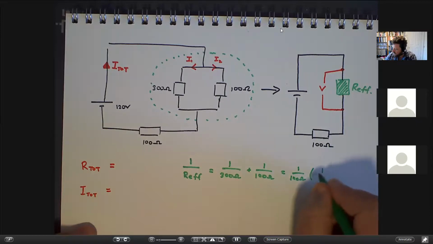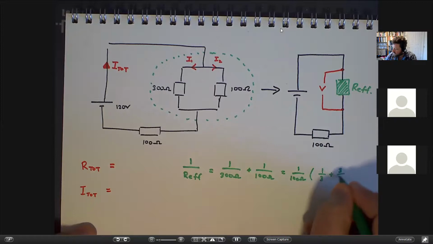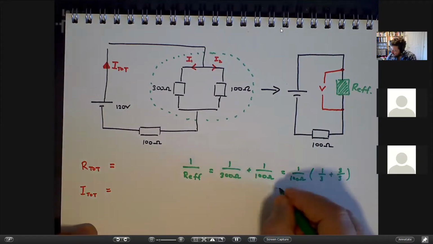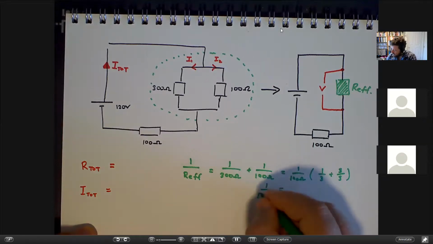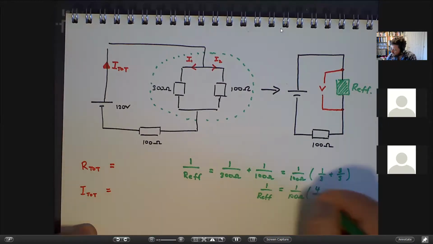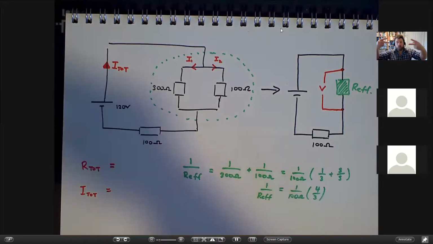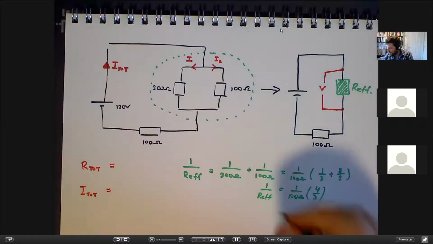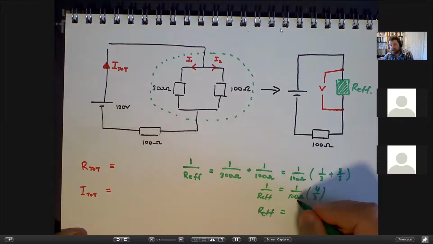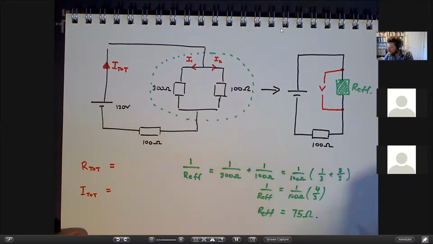Outside we have a third plus, well, let's call it 3/3, 1. And so this is 1 over R effective equals 1 over 100 ohms times 4/3. Then we get R effective equals 100 times 3/4, so 75 ohms.